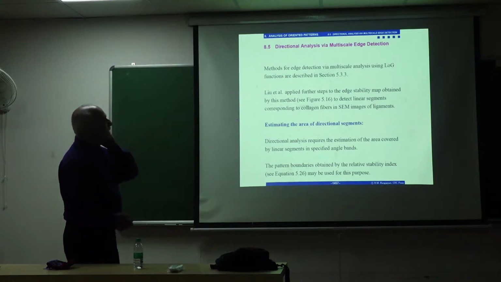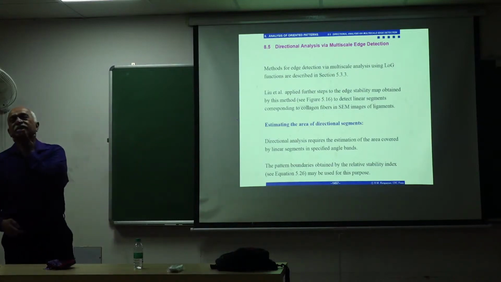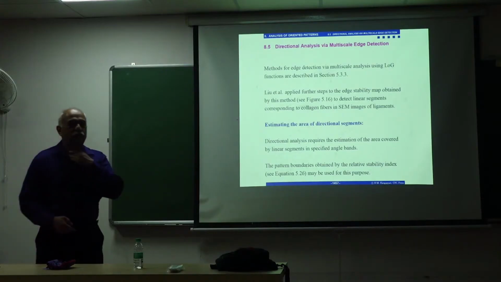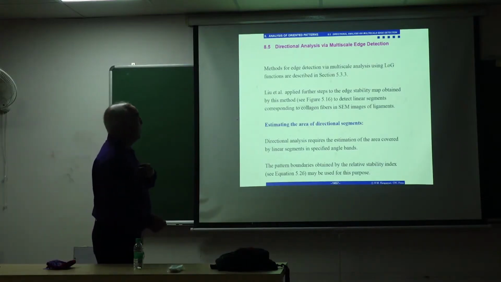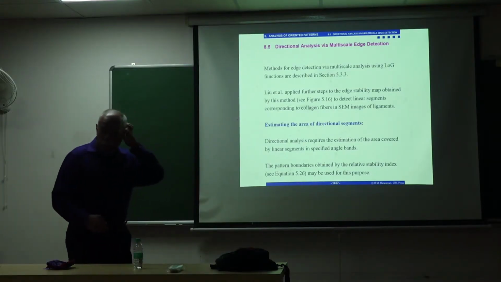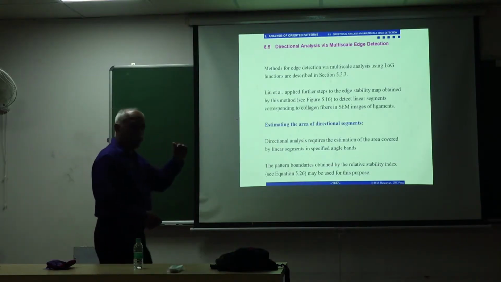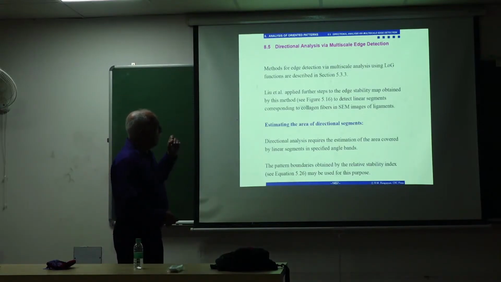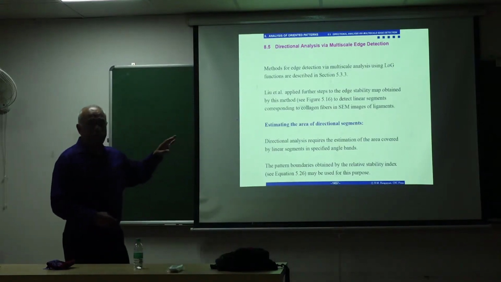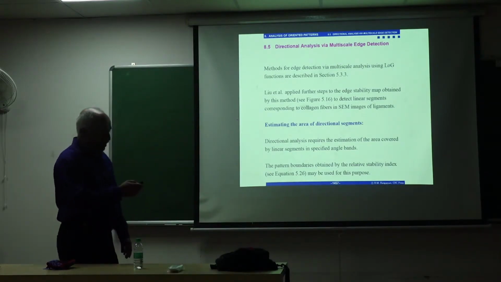We did multi-scale edge detection using zero crossings that I showed earlier. My postdoc fellow, Yixiang Liu, did this work with the LoG filters, Laplace-Gaussian filters, and got zero crossings and got that map. I won't go through this detail. If you want, you can read this later on.